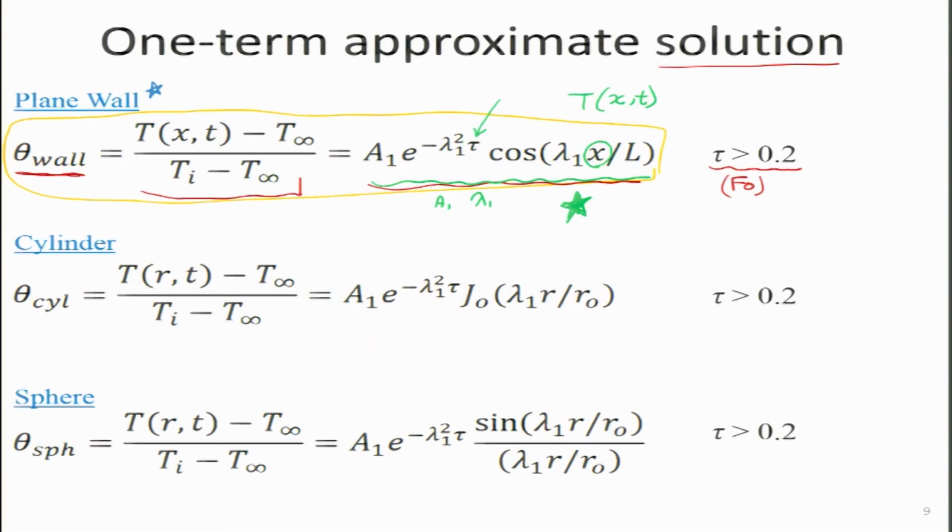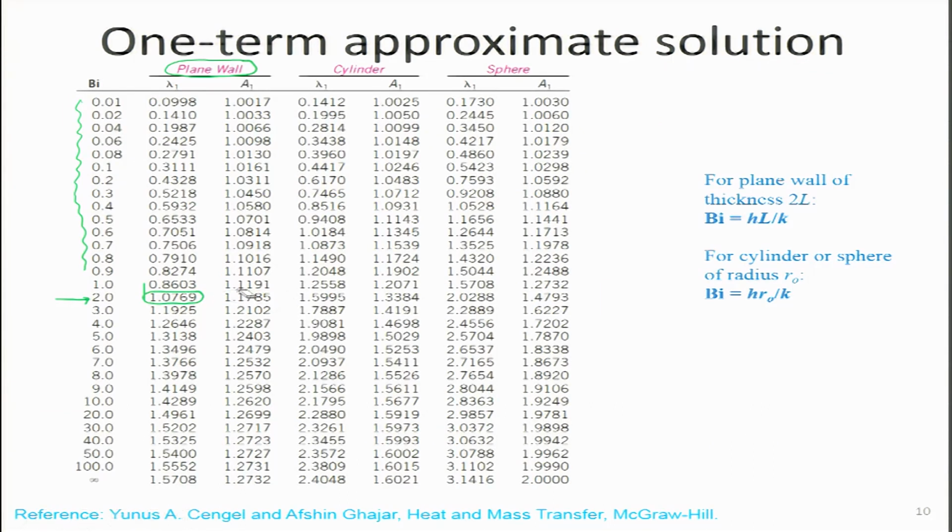I will skip back a few slides, to where I want to apply this particular equation. This will give me the solution that I am looking for. The two constants that I need, A1 and lambda 1, I will find from the table. If I go to the next slide, in my case the Biot number we have calculated is 50, which means lambda 1 I can take as 1.31 and A1 as 1.24.